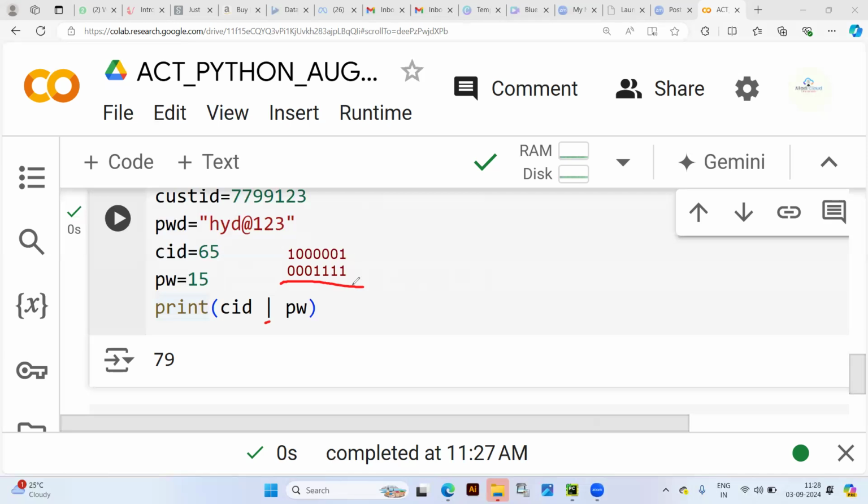True plus true, true. True plus false, true. True plus false, true. నాకు లాస్ట్ వాల్యూ చెప్పండి, అవుట్పుట్ చెప్పండి. 1001111. Yes, correct. It is equal to 79 or not? Yes, sir.